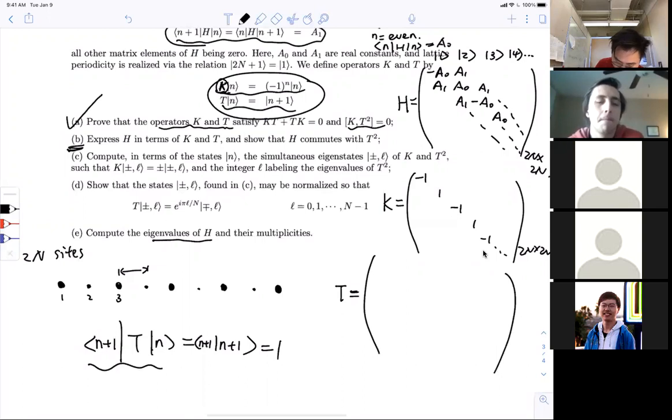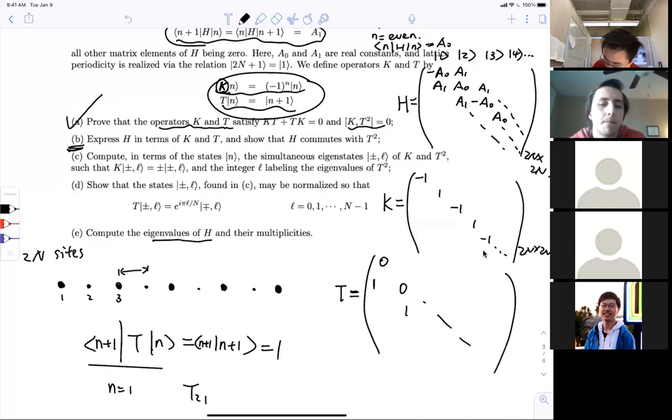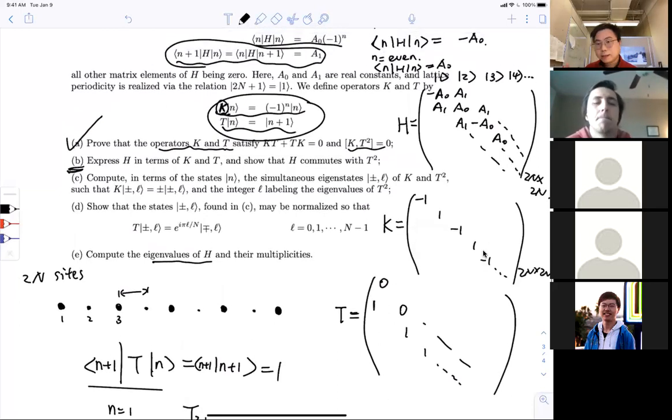For example, for n equal to 1, this would be T21, which is this. So everywhere is 0 except this, right? Any question about this part, the matrix form of H, K, and T?